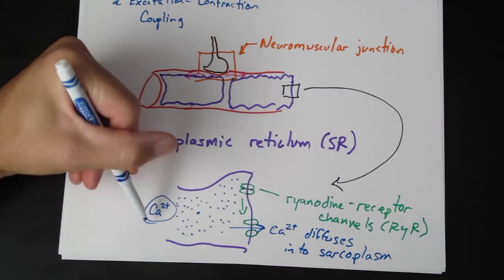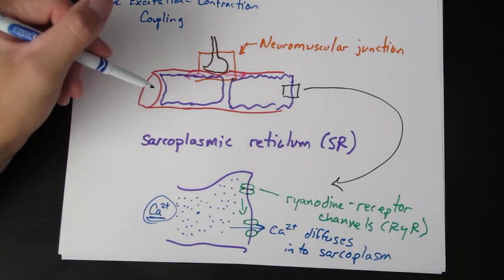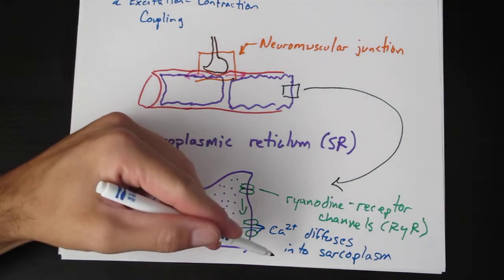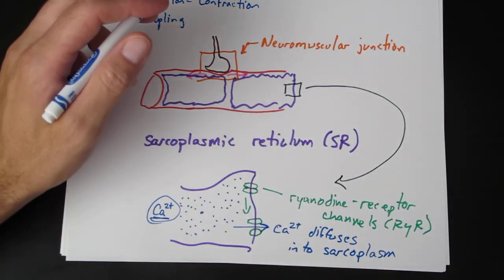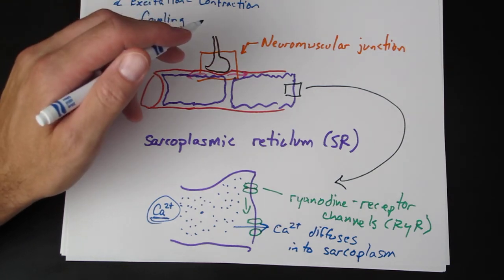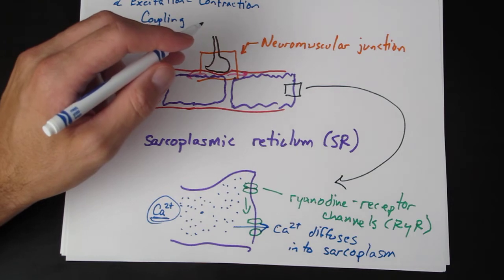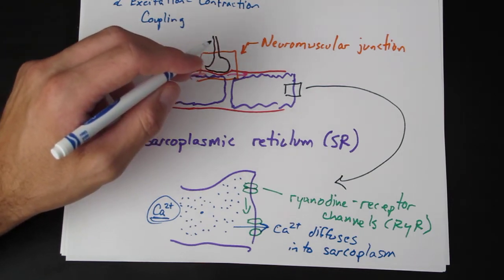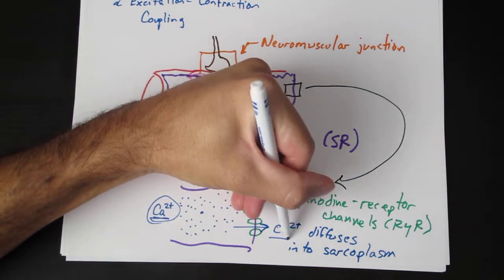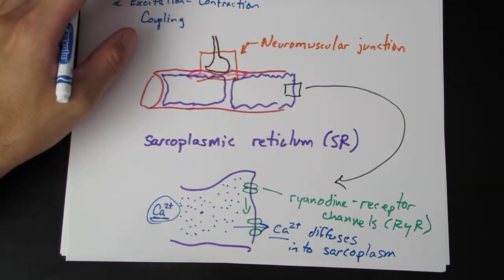Here, we're specifically talking about an intracellular pool of calcium that is going to diffuse into the sarcoplasm of the muscle cell once depolarization occurs. So we're talking about calcium in two places, however, two separate pools of calcium. Okay? And this calcium is necessary for the muscle to contract.